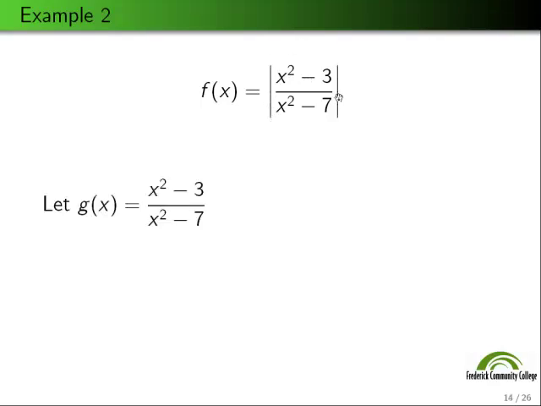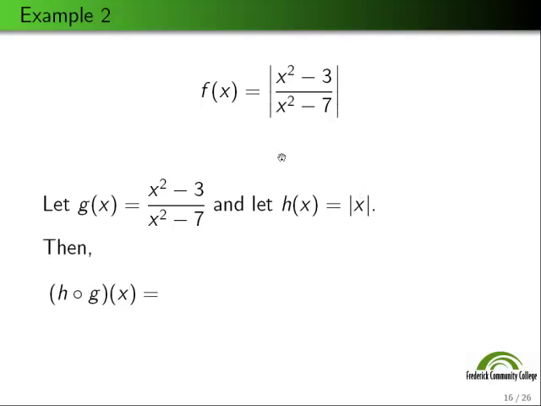So if I let my first function g of x be the quotient inside there, x squared minus 3 divided by x squared minus 7, then we know we need to take the absolute value of that, so we let our second function, h of x, be the absolute value of x, knowing that we need to plug g of x into h of x.